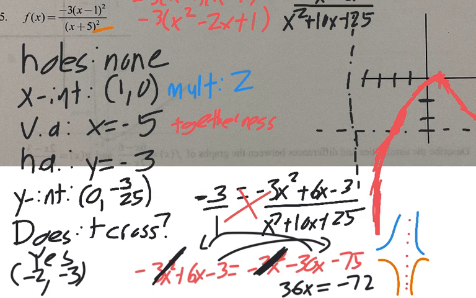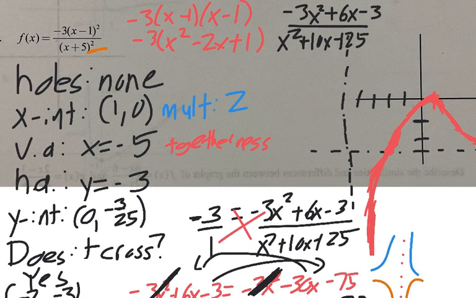Because remember, we talked about what's the dominating term? It's the x squared in the numerator and denominator. If I just compare the dominating terms, negative 3x squared over x squared, well, if the other terms don't matter, and I plug in 1,000,000 for x, 1,000,000 squared is a lot.